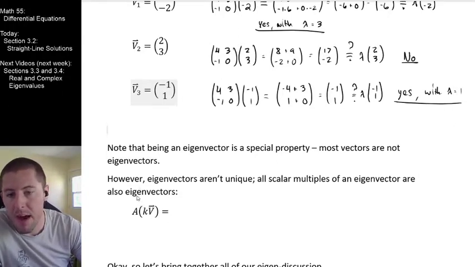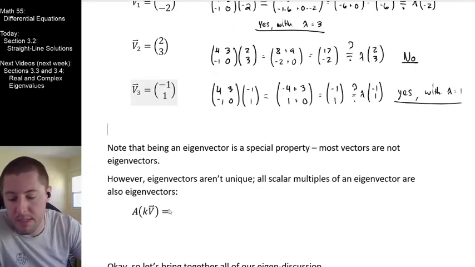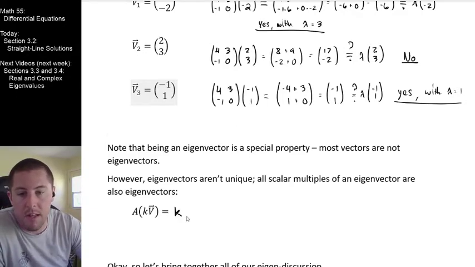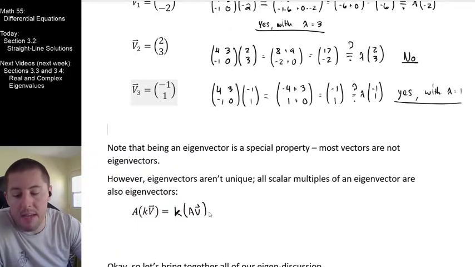If I have a constant multiple of my eigenvector, then according to our matrix operations, constant multiples can be factored out. So I can write this as k times AV. What I know that AV is equal to is lambda V.